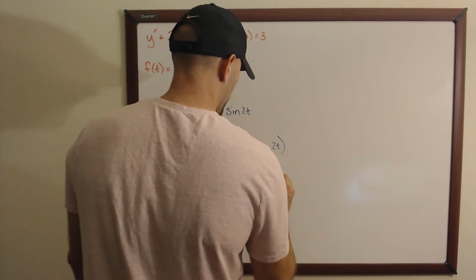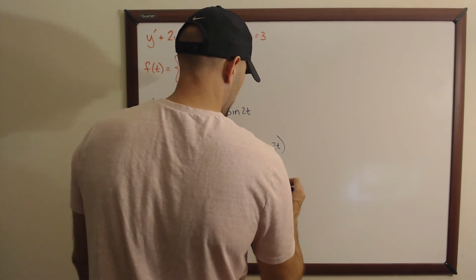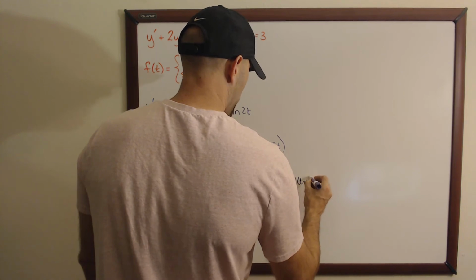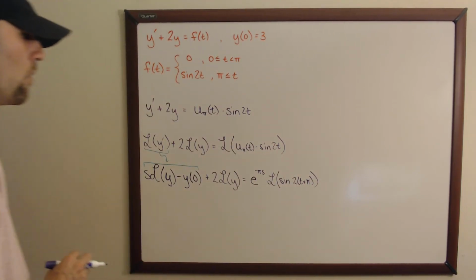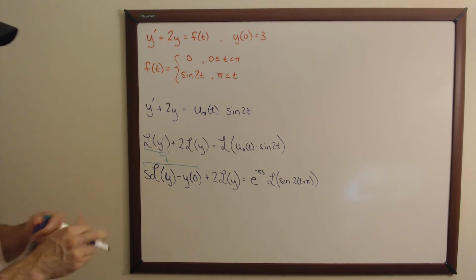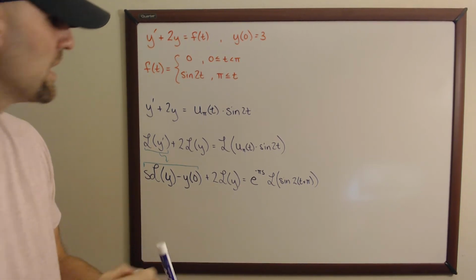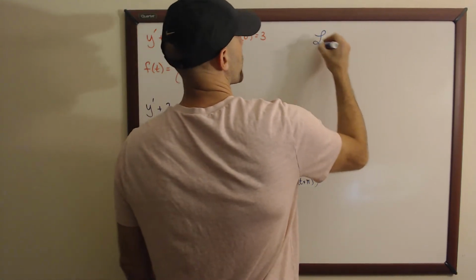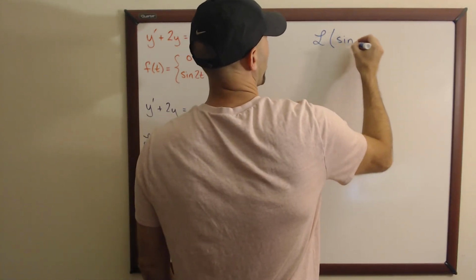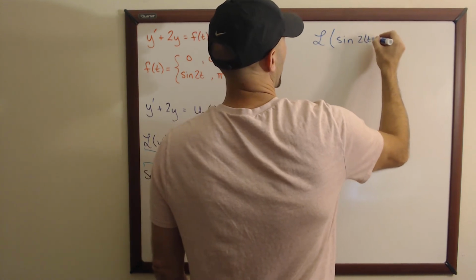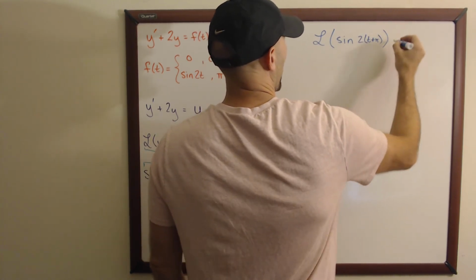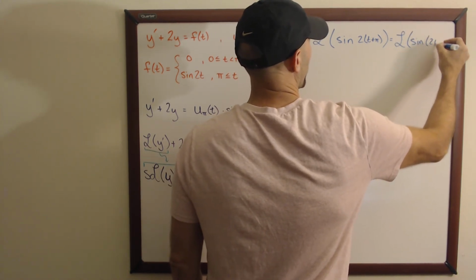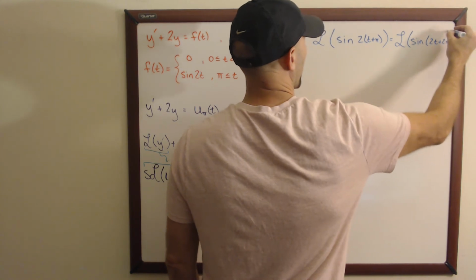So this is the Laplace transform of sine of 2t plus pi. Well, what is the Laplace transform of sine of 2t plus pi? Let's do some scratch work up here on the right, and then I'll have to erase it later. The Laplace transform of sine of 2t plus pi is the Laplace transform of sine of 2t plus 2 pi. Well, now wait a minute.